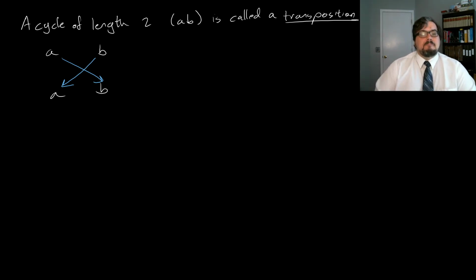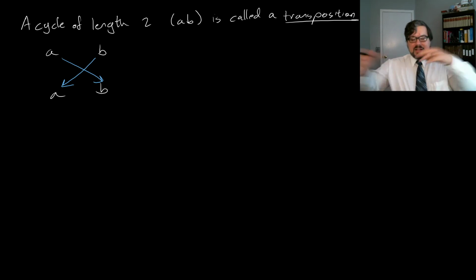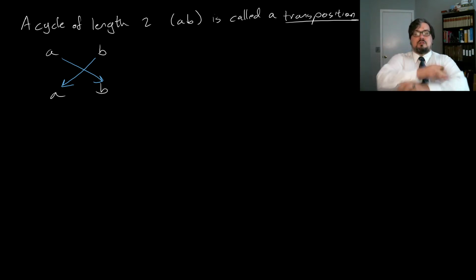And it turns out that any permutation can be described using just transpositions. Any rearranging of a finite number of objects can be done simply by exchanging two objects at a time repeatedly. Possibly many times, but just two at a time.